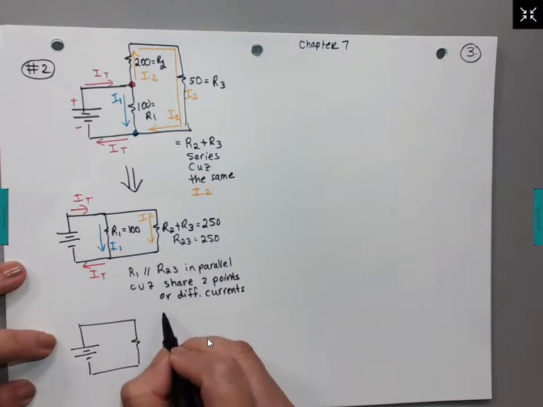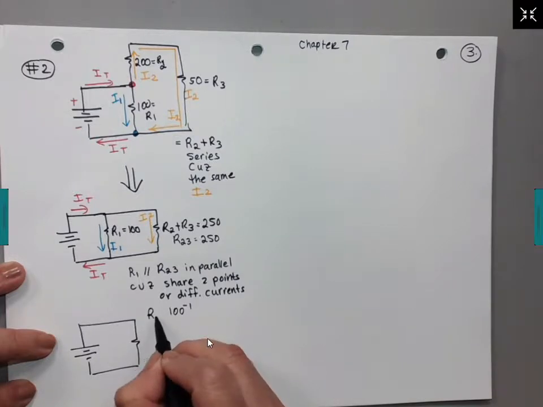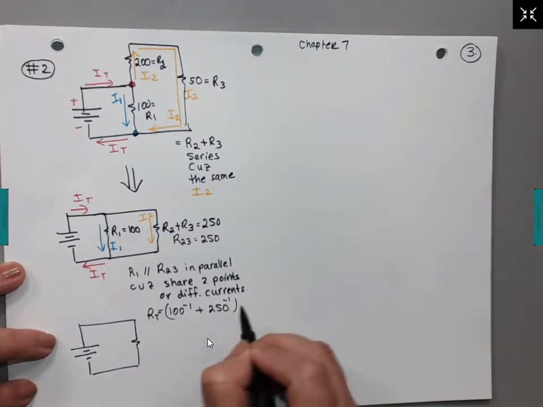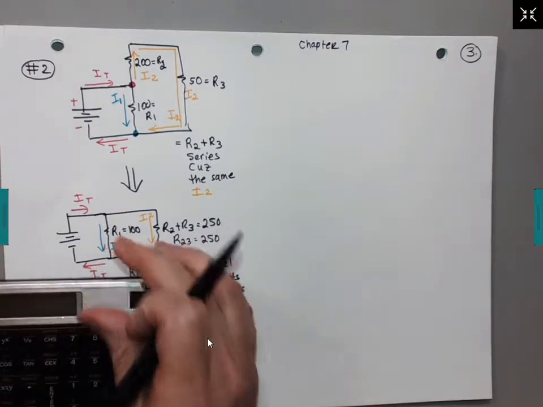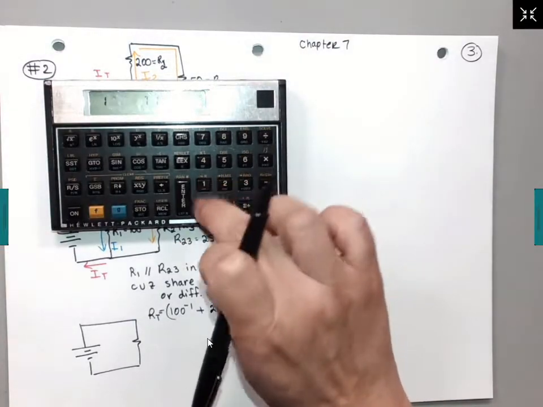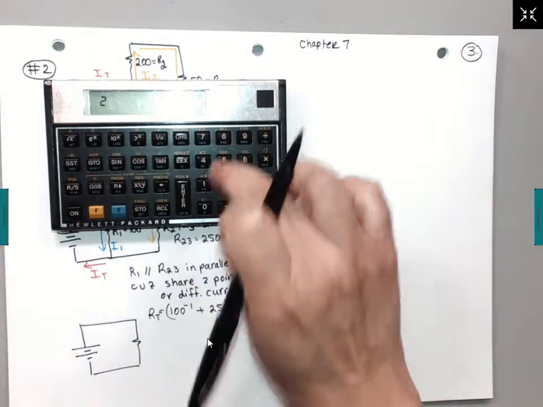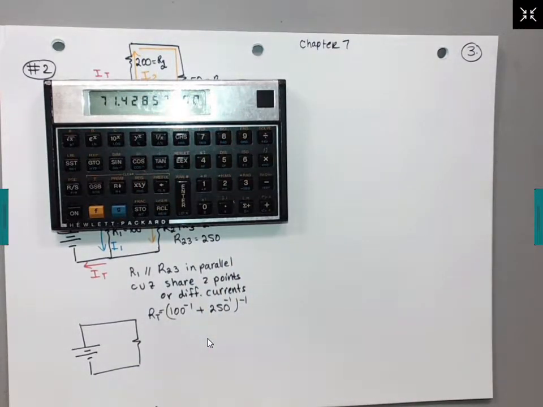What is that? RT is going to be the reciprocal of 100 plus the reciprocal of 250, and then the reciprocal of that. So where's my calculator? 100 reciprocal, 250 reciprocal, plus, then reciprocal, it's 71.43. Is that what you guys got?